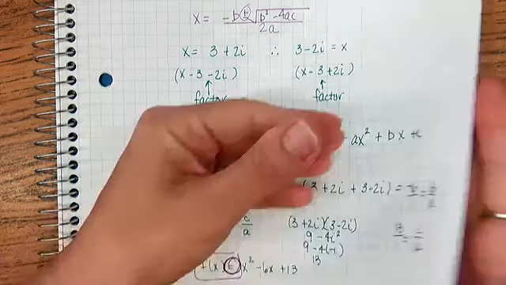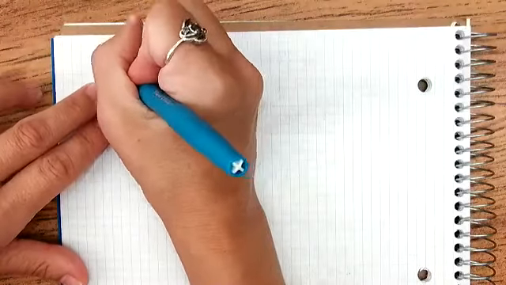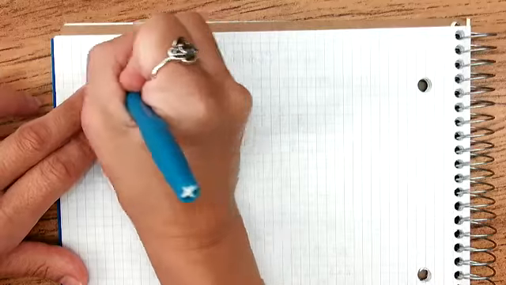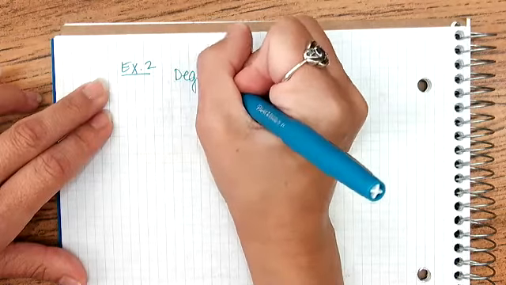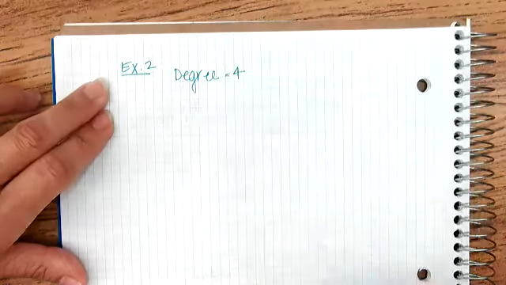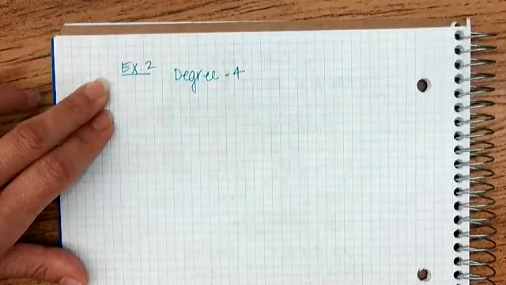Okay, let's look at another one. I'm going to pull a problem from the book. Example 2. I want a polynomial. Degree is 4.